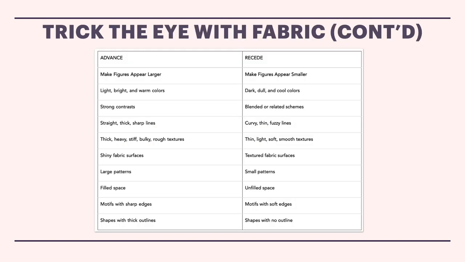Here's a chart that shows how you can trick the eye with fabrics. It shows which fabrics advance and which recede. In conclusion, the way that we use design elements and principles can create optical illusions in clothing.